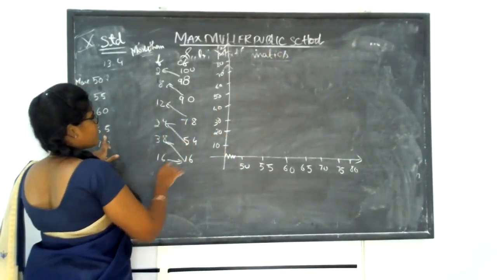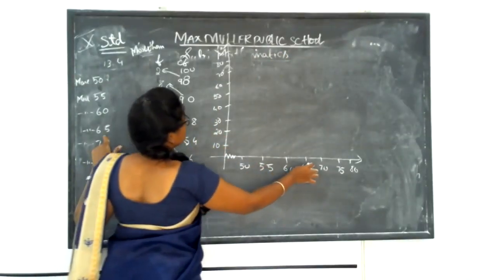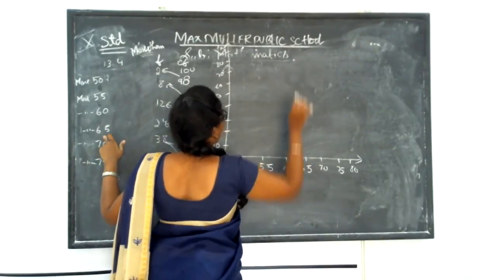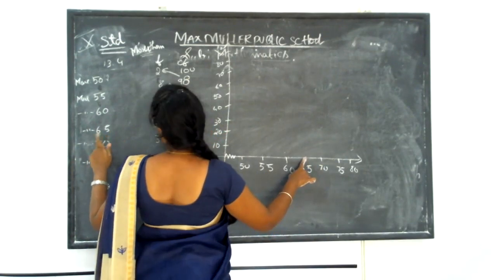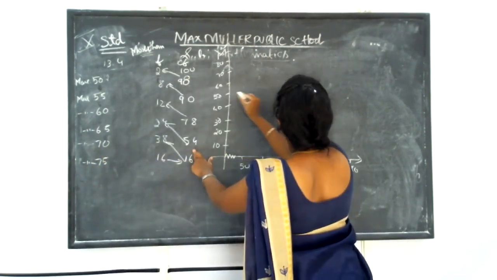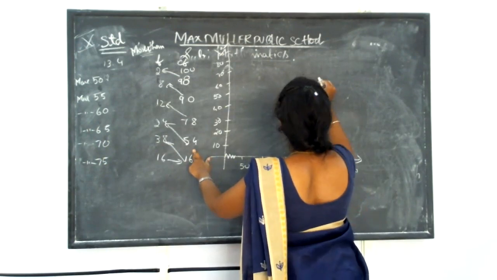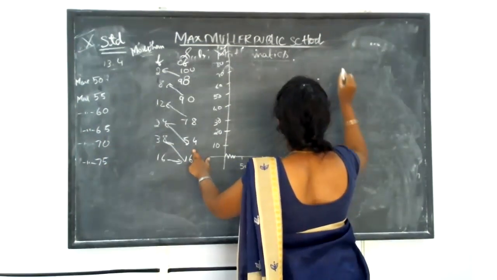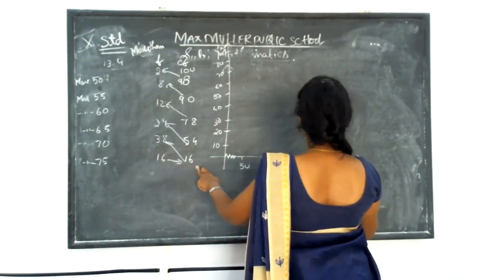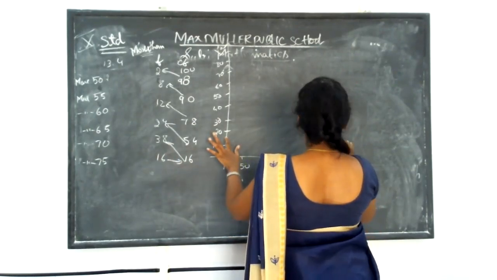Then for 78, it is 65. Then for 54, it is 70. Then for 16, it is 75.